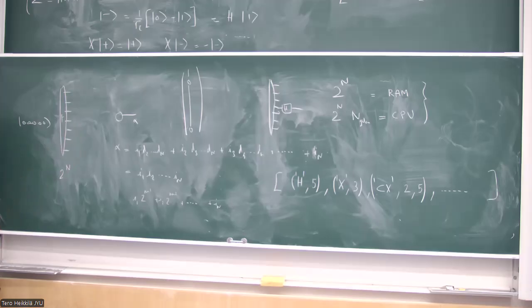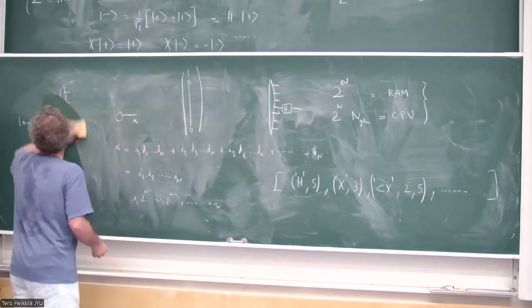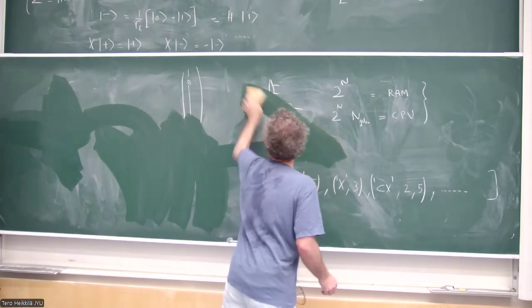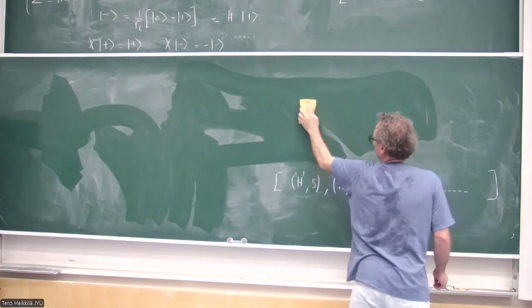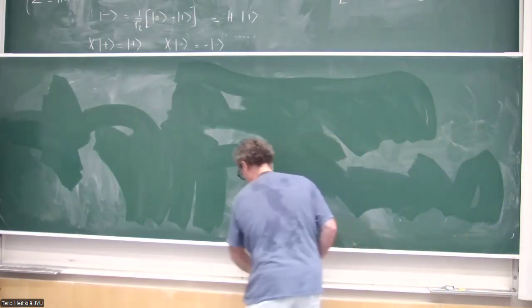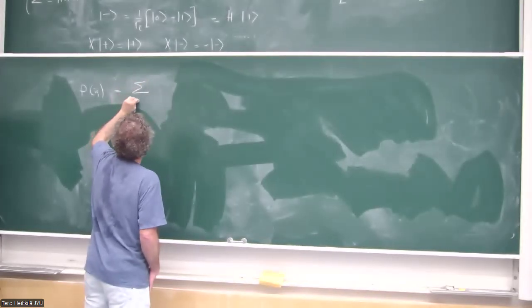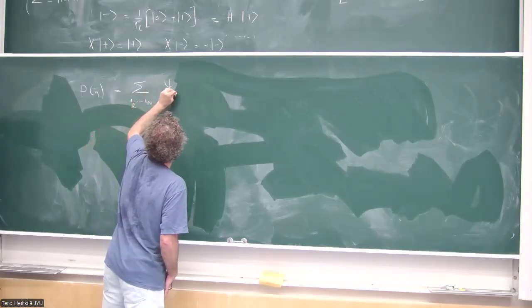So just to write a couple of things, let me write. Actually, let me discuss quickly the Bayes formula because I will use it in several places. I already said if you measure 1 qubit, the probability of i1 is the sum over i2, ..., iN of the square of the wave function.